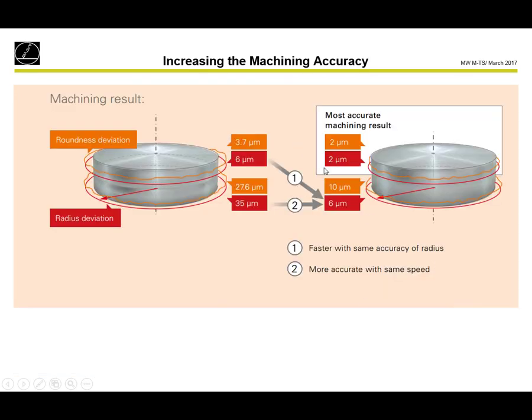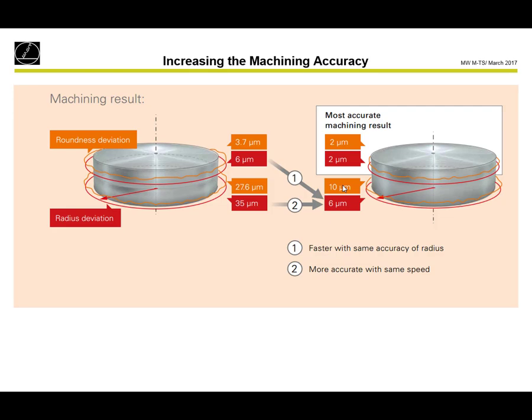So we are in tolerance with the higher feed rate, and that's the advantage of the CTC. So we know the behavior of the tool center point better during high feed rate movements, and because of this we get a more accurate result than without CTC.